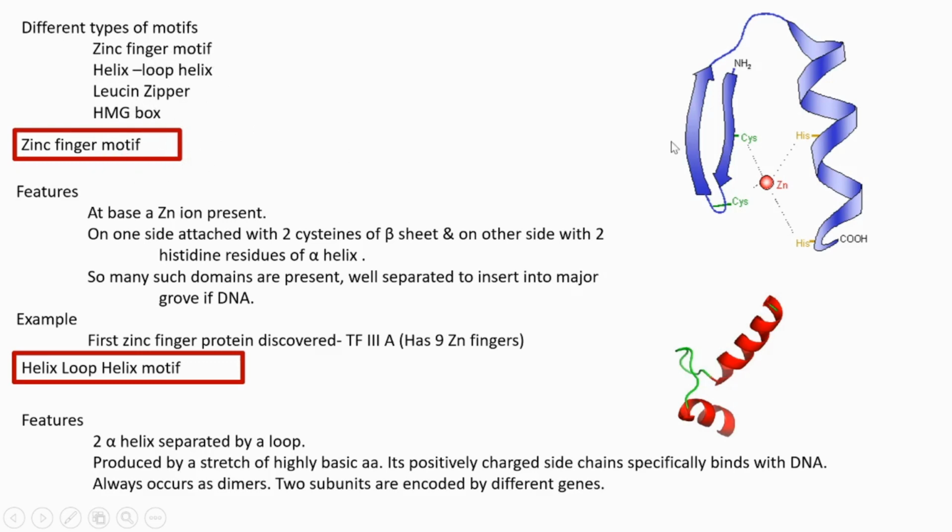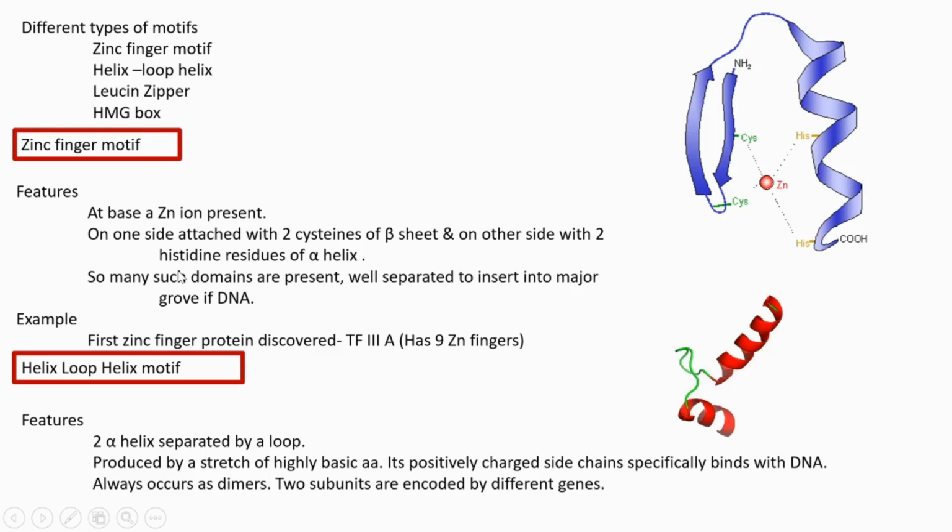Zinc finger motif. This is a picture of a zinc finger motif. And what are the features? At its base, the base of that folding, we can see a zinc ion. This zinc ion is linked by two cysteines found in the beta portion. And on the other side, it is linked with two histidines that are part of an alpha helical segment.